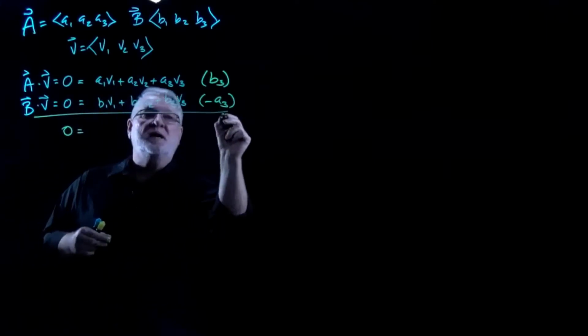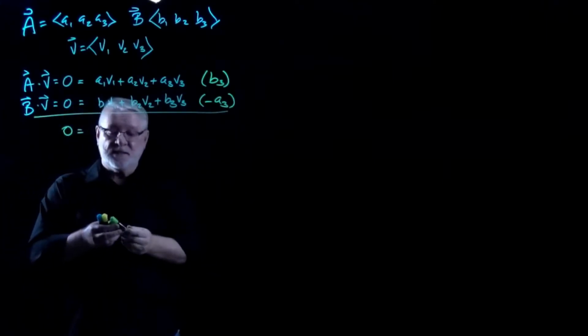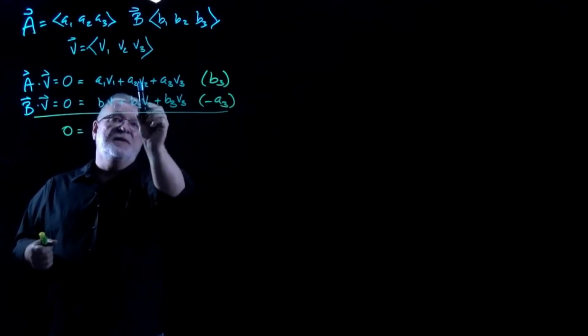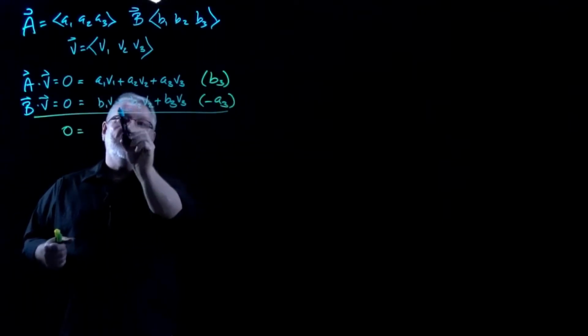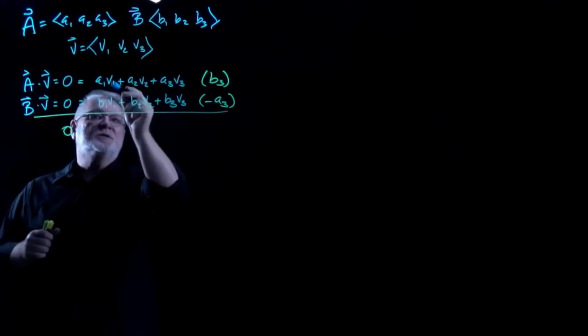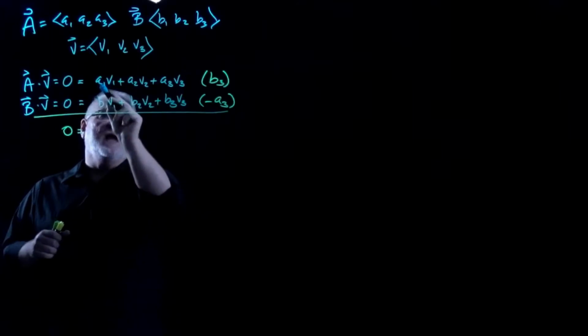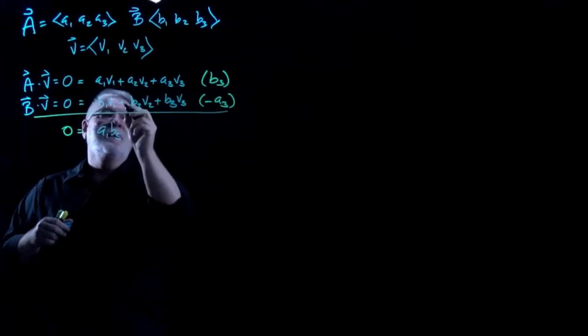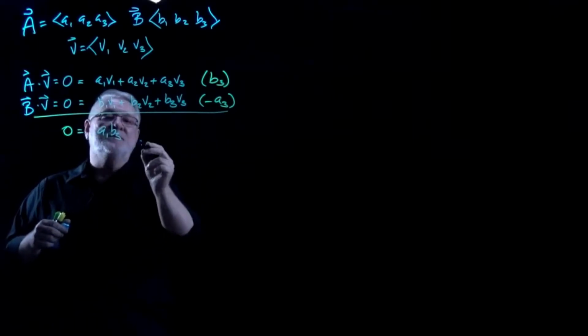And I'll draw a horizontal line to represent the sum, but I'm basically going to add together the product of B3 and these two terms with negative A3 and these two terms. I'm also going to do some factoring. So first, the V1 terms. It will be A1 times B3 minus A3 times B1.